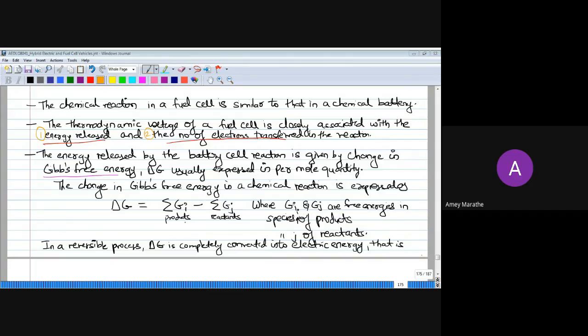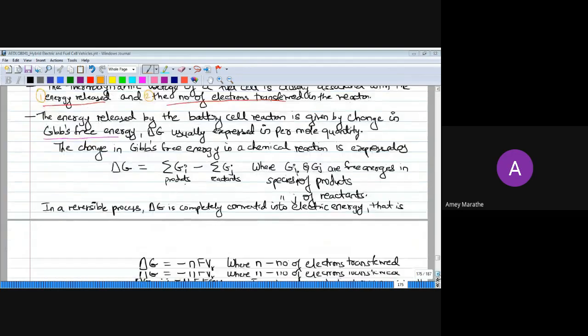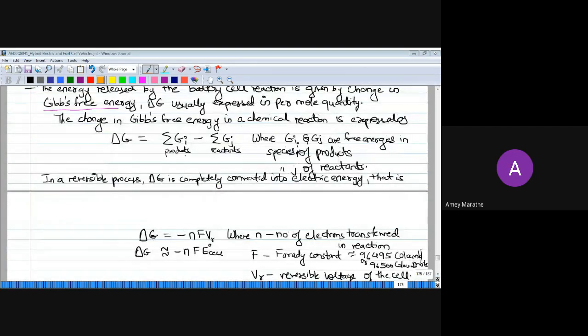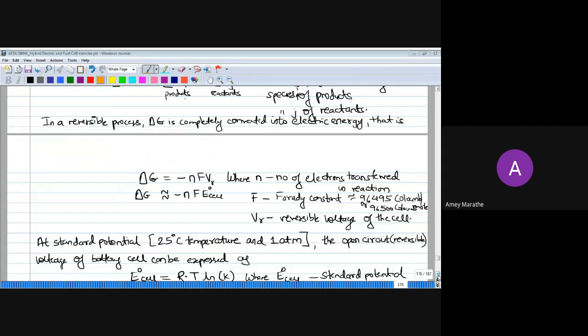If it is a reversible process, the energy released is completely converted into electrical energy, which is given by the formula: delta G for a reversible process is minus n F V_R. Minus stands for the work done. It is also given by minus n F E_cell.